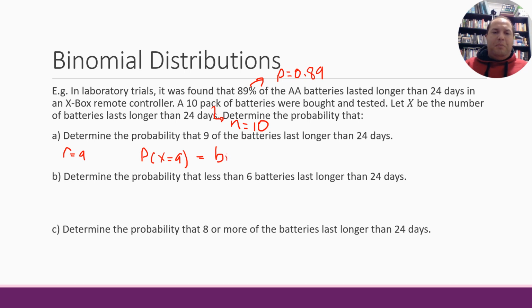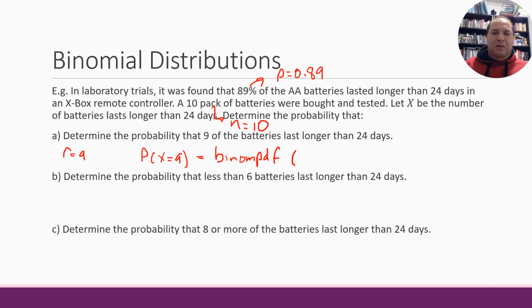So binomPDF. And then on the Inspire, it will tell you to type in the number of trials, probability of success, and then number of successes. So you just need to make sure you understand the question clearly and can point out those values.